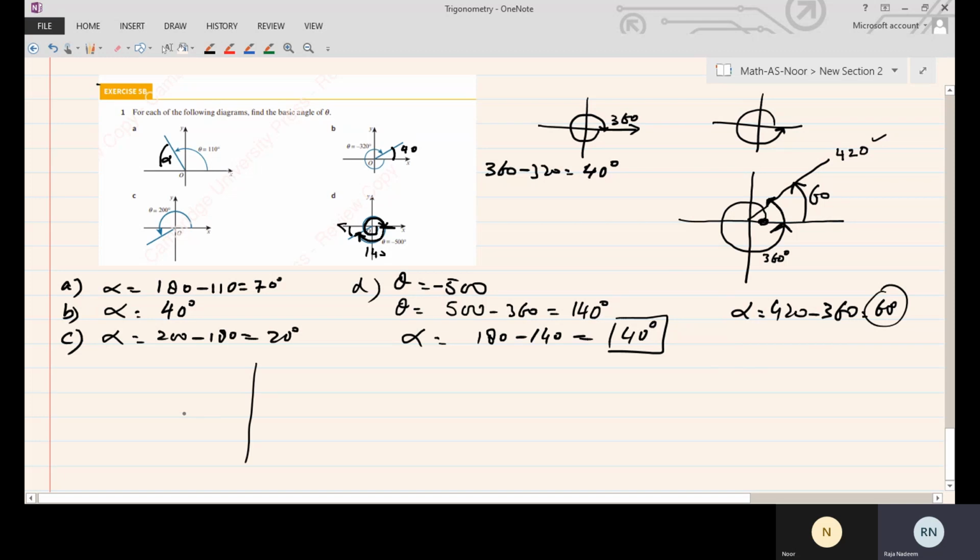If I write an angle 780 degrees, then what is the basic angle alpha?